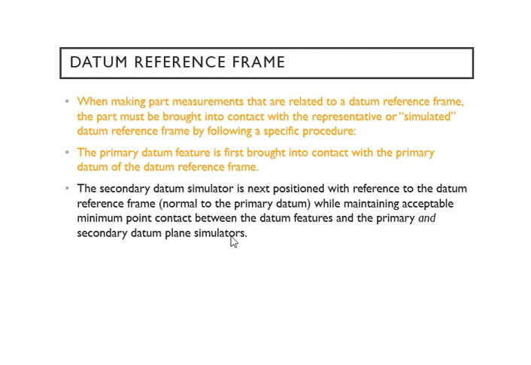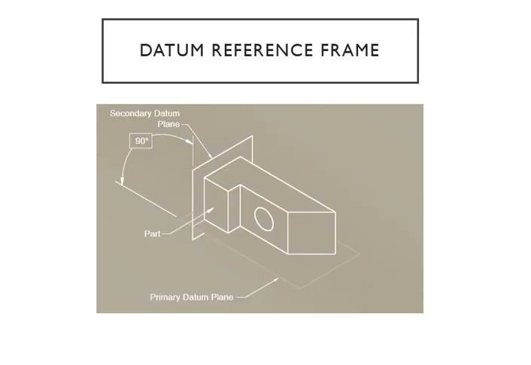And the secondary datum is going to be normal, which is 90 degrees, to the primary datum. This is all you need to point out, okay? The rest of them are the same, reiterating the same thing.